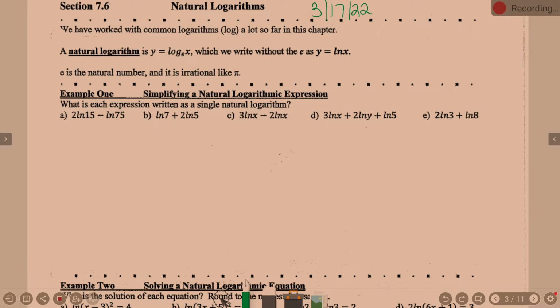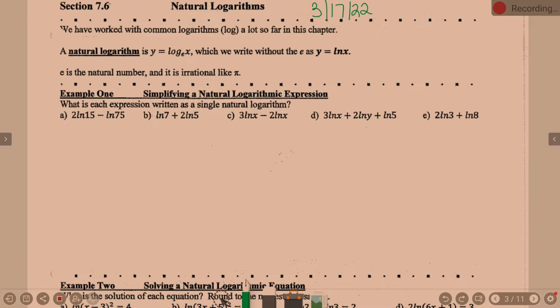Okay, so we are talking about natural logarithms today. When we were working with logs yesterday, we were working with common logarithms. Most, if not all, of the ones we worked with yesterday were base 10. We've also worked with some other logs, log base 3, 4, whatever.